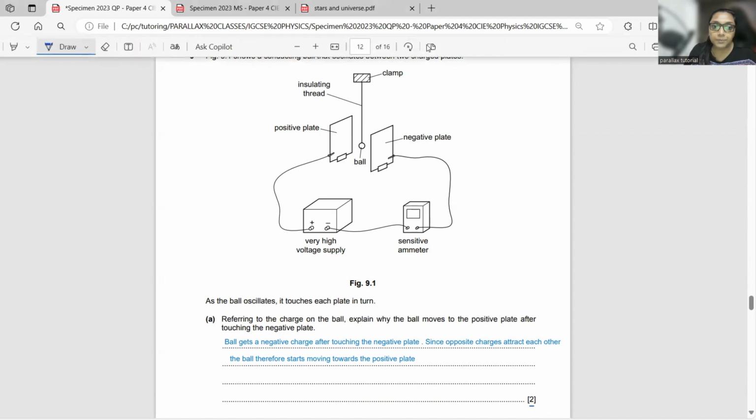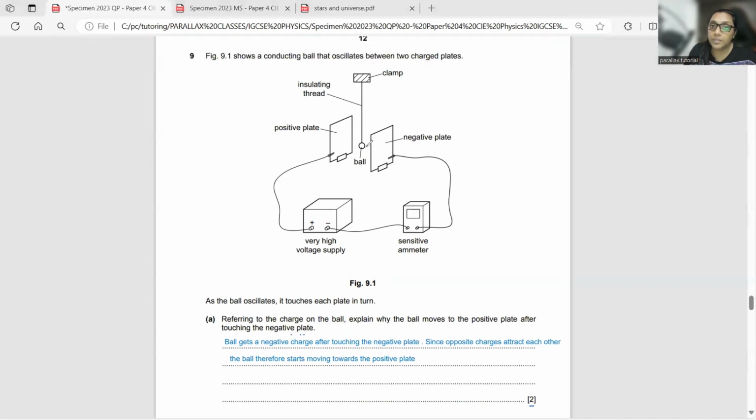The question says you have to refer to the charge of the ball after it has touched the negative plate. Now, when the ball touches the negative plate, it will acquire a negative charge, right? And it will be attracted towards the positive plate. Therefore, it moves towards the positive plate because unlike charges are attracted towards each other.